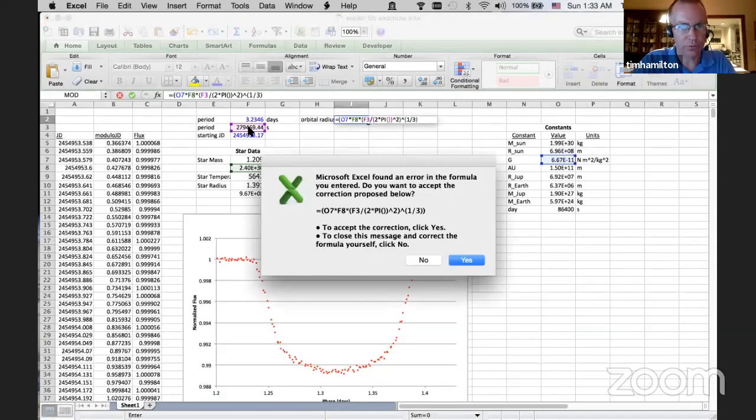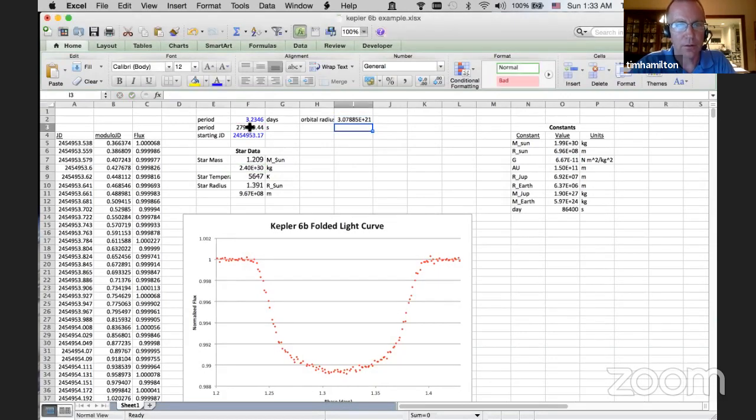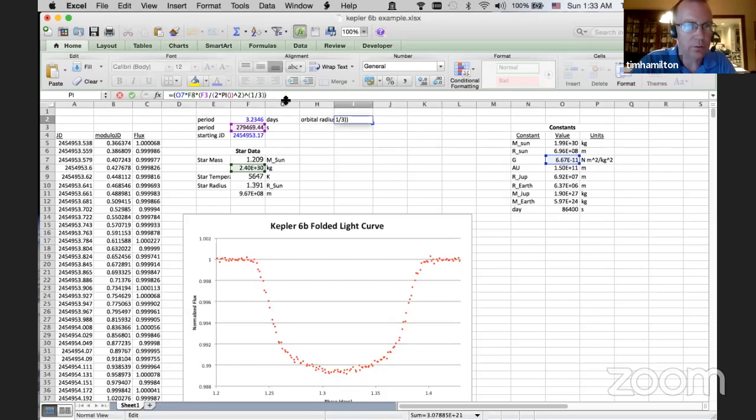Let's see if this worked. There was an error in my formula, of course. Okay, let's see if that was a matter of closing the parentheses there. Now probably, that's it.